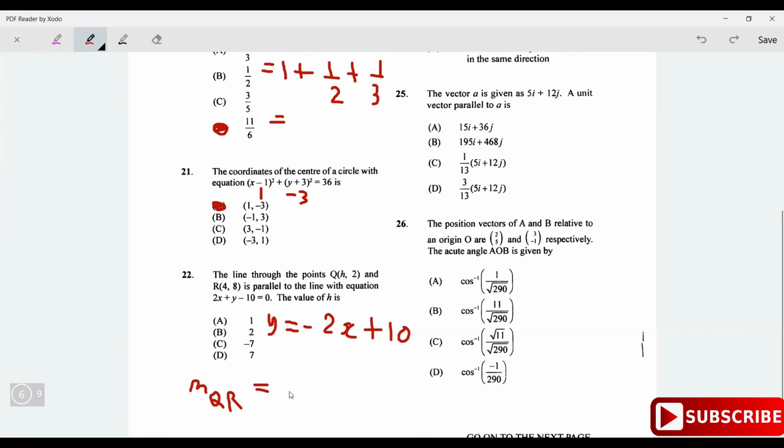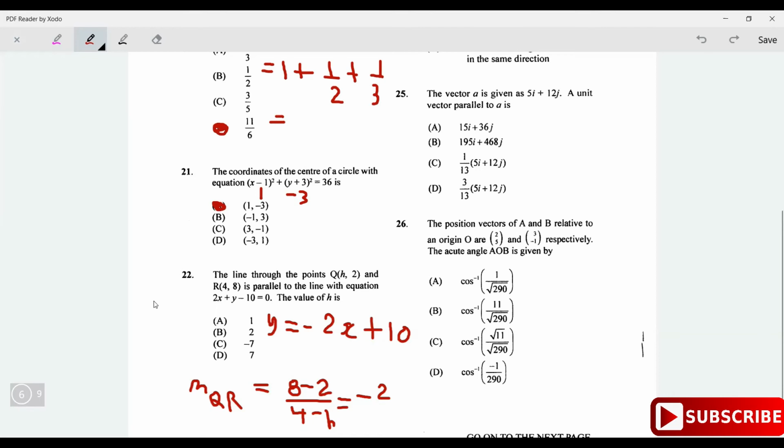So we can say 8 minus 2 over 4 minus h, and that's equal to negative 2. So what we're getting is 8 minus 2 is 6. So 6 over 4 minus h is negative 2. Solving for h, we know that 6 over negative 3 is negative 2.